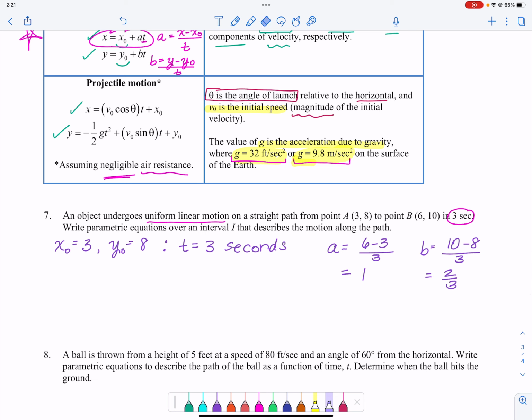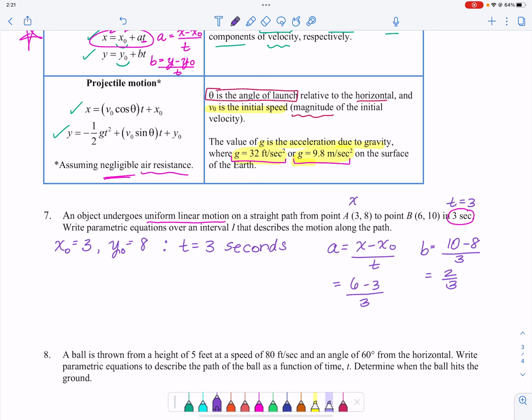So maybe I'll go ahead and switch these just to have a little bit more detail. This is going to be x minus x sub 0 all over t, and that's equal to 6 minus 3 all over 3. So t is equal to 3.